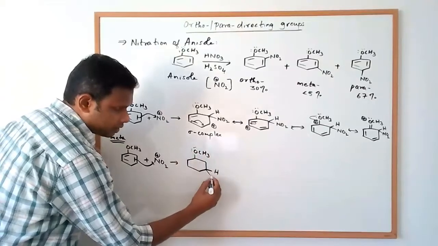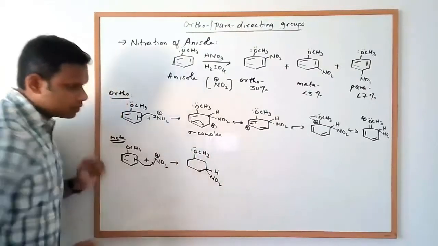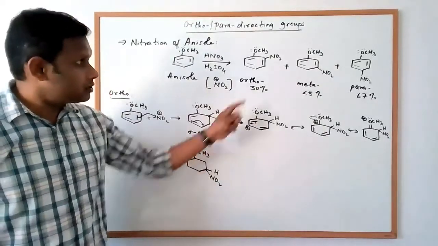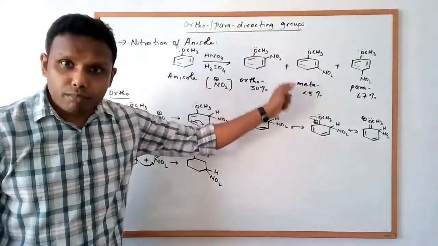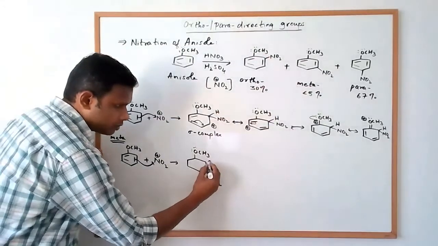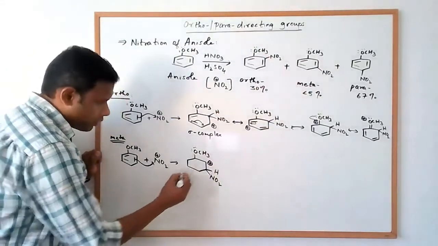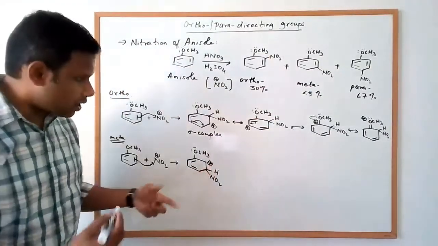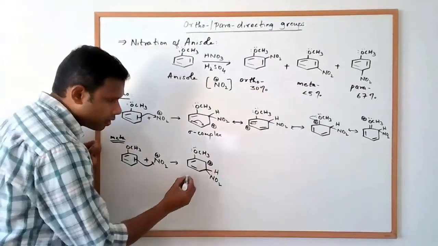And this time I connect the nitronium ion over here. I'm doing that because we're trying to show the mechanism for the formation of the meta nitro product. So the nitro group is connected to that carbon. The positive charge forms at the ortho carbon instead. So the carbocation is generated at the ortho carbon.